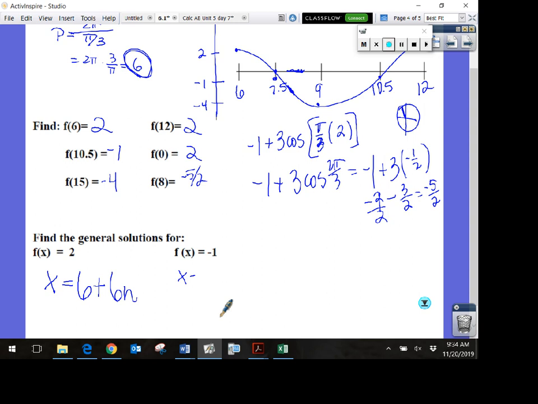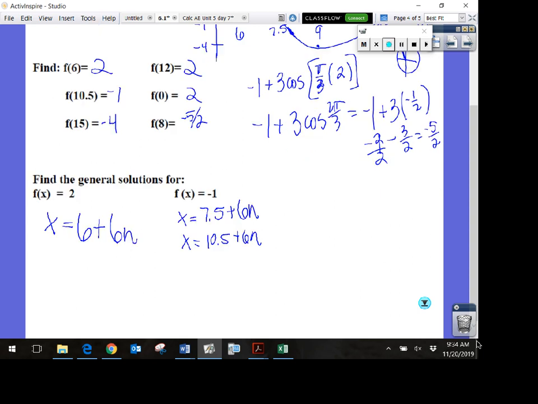So x equals 7.5 plus the period n. 7.5 plus 6 does not take me to 10.5, so I'm going to write another one. x equals 10.5 plus the period n. So I have 2 general solutions right there.